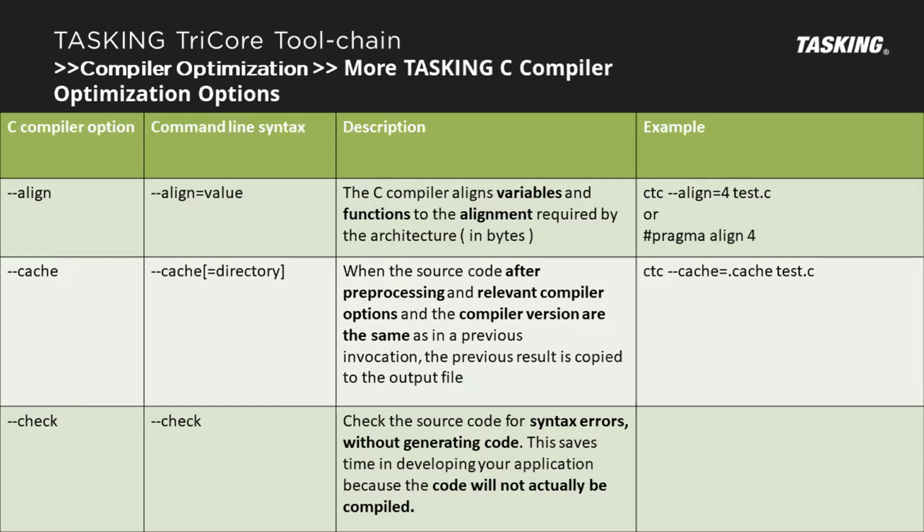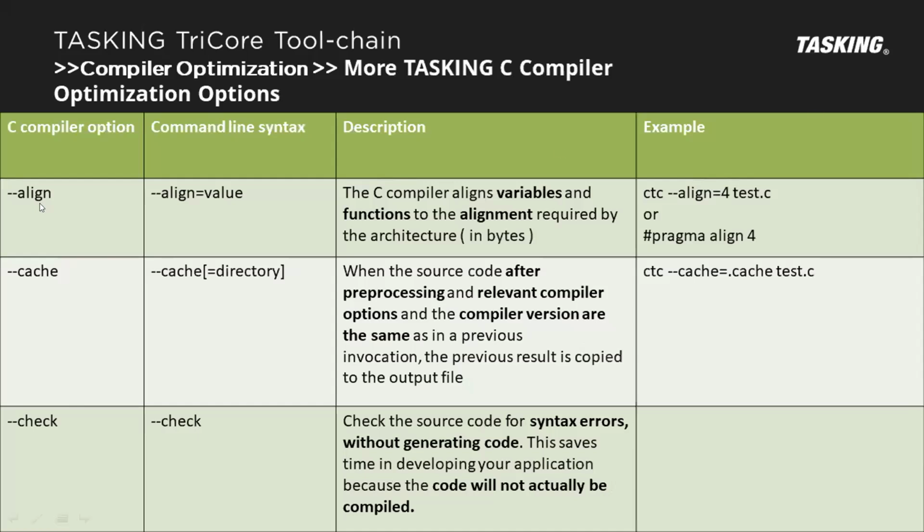All right, so let's have some more tasking optimization options. Here we will cover more options that are really of interest when it comes to multi-core, alignment, and checking how fast the compilation will happen.